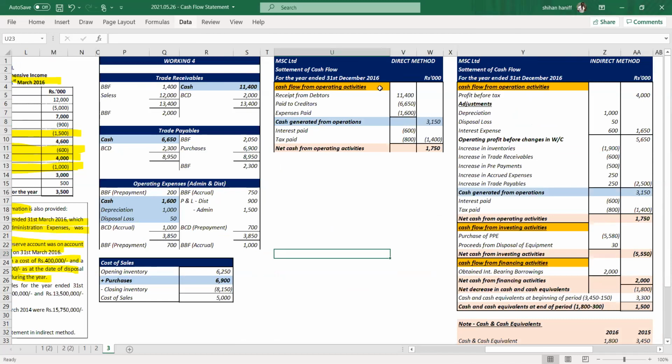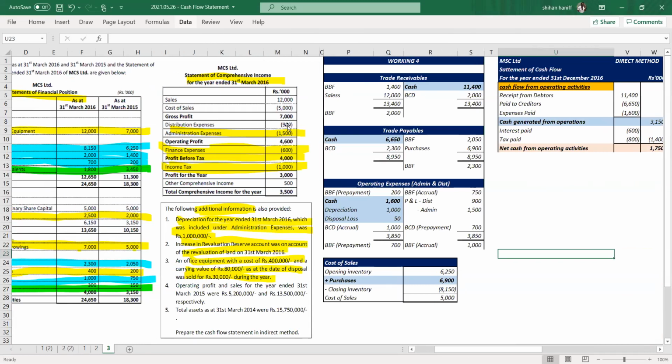In this question, normally the loss on PPE should go to the other expenses, but here there is no other expense in the statement of profit and loss. So we assume that they might have taken that somewhere here. That is why I deducted from the expenses column.